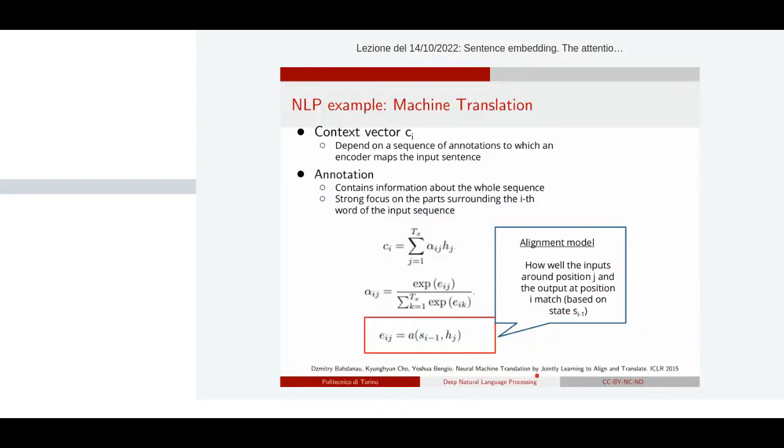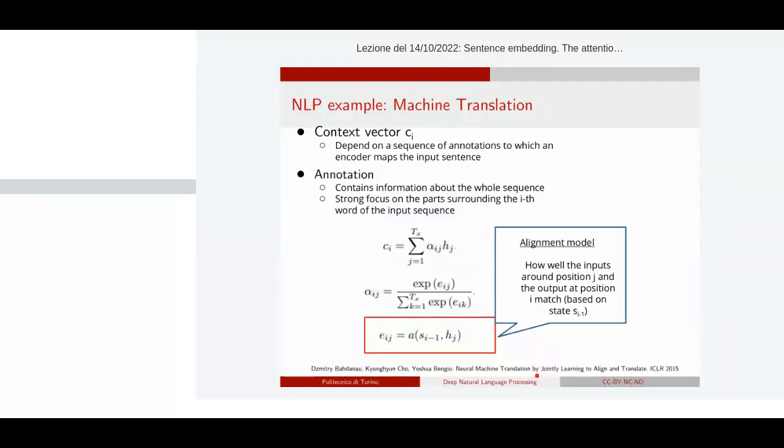So the alignment model tries to estimate how well the inputs around the position j and the output at position i match based on a state s_{i-1}. So we are trying to describe in a better way what is the context that really matters to select the output.